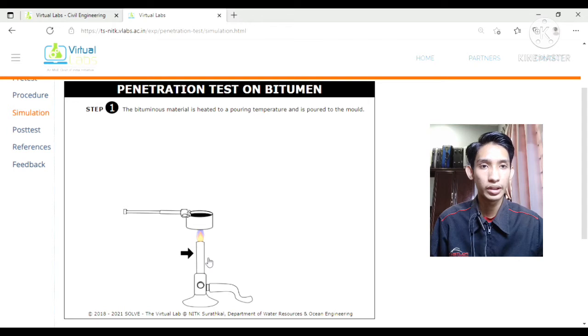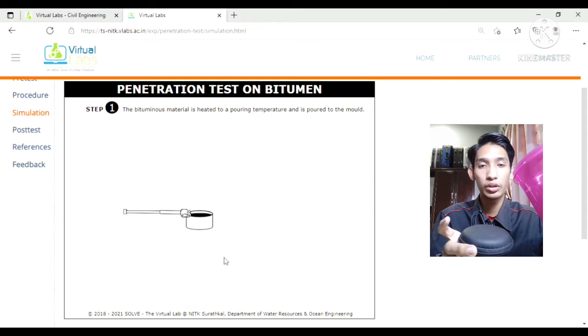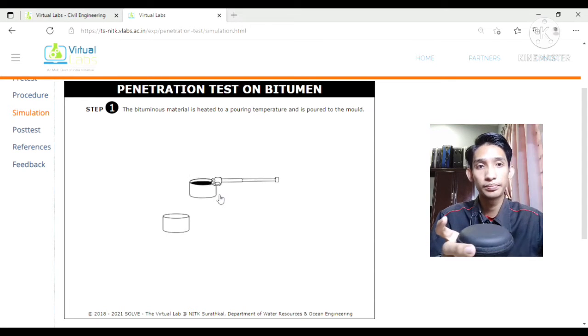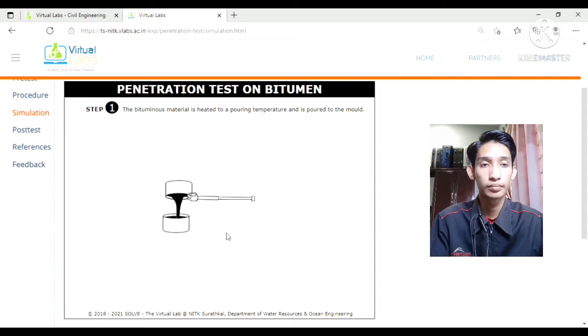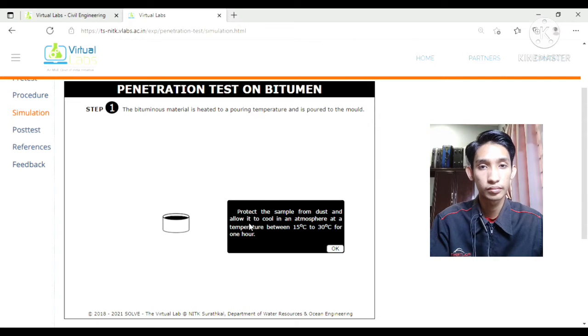Move the Bunsen burner and put the bitumen into the mold. Protect the sample from dust and allow it to cool in an atmosphere at the temperature between 15 degrees Celsius to 13 degrees Celsius for 1 hour.